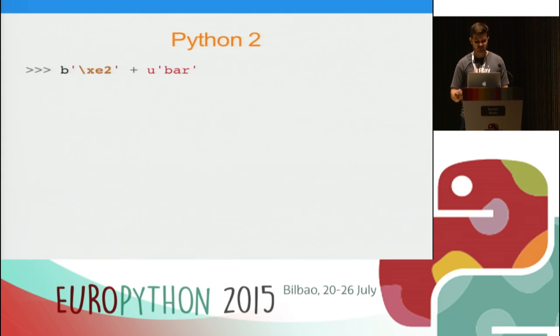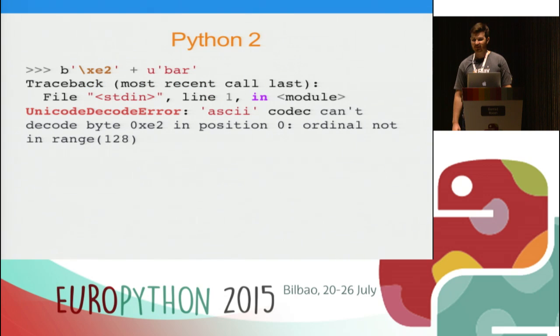However, this can cause issues for you. If you take this example right here, where you take the byte string E2 and concatenate it with this Unicode string bar, you'll get decoding errors, where it tries to decode the E2 byte string, but it can't because it's ASCII, and it's out of range.